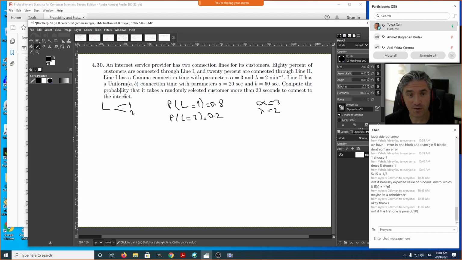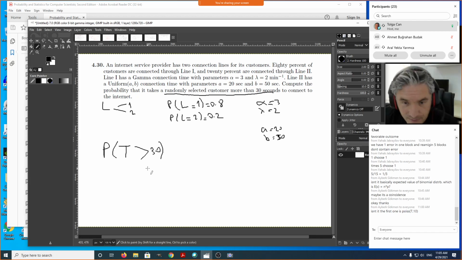It is a uniform connection time with a equal to 20 and b equal to 50. Now, compute the probability that it takes a randomly selected customer, so what is the probability that the connection time is going to be more than 30? This is what we are asked.